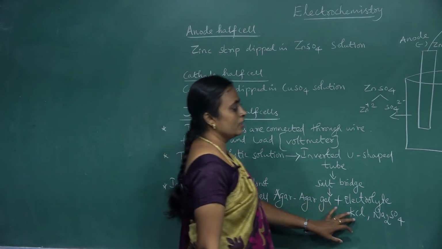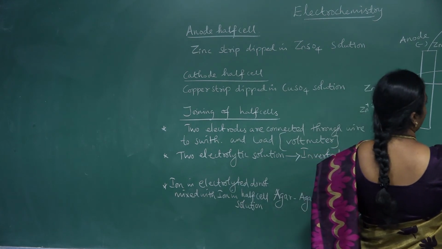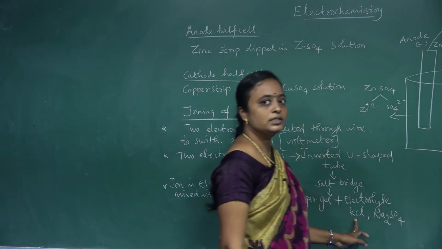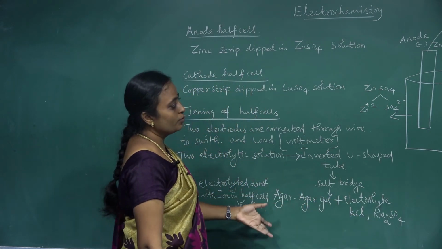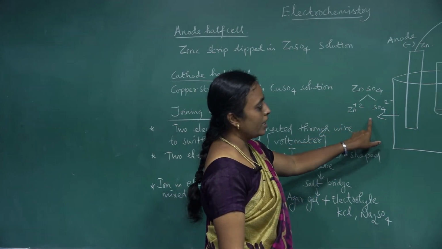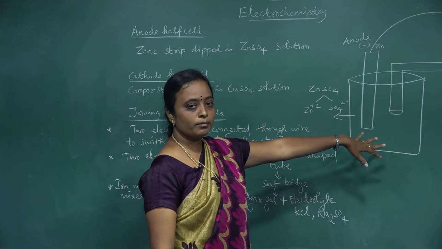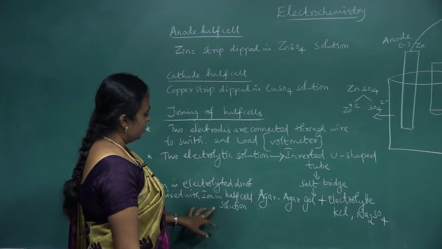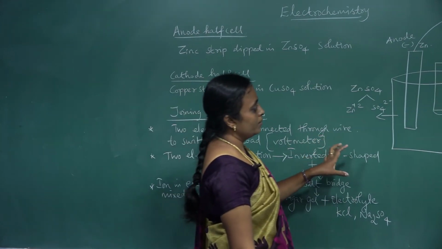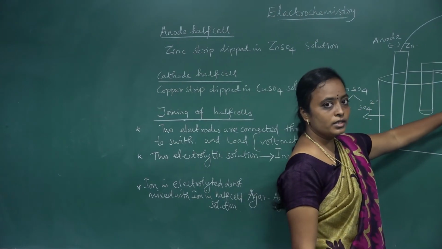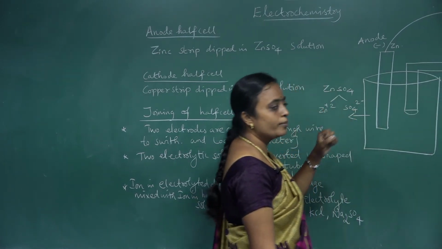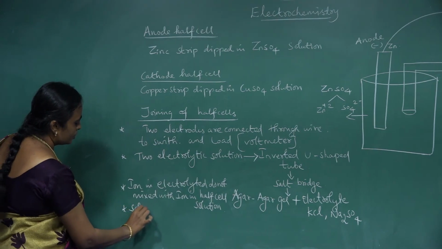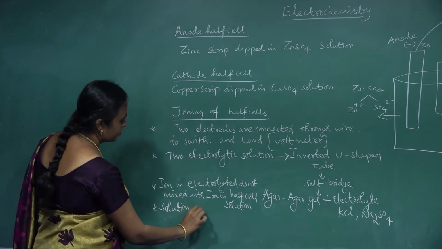Suppose I am taking KCl here, the ions of the electrolyte, K plus and Cl minus, do not mix with the ions present in the anodic compartment or the cathodic compartment, that means the electrolytic solution. In the same way, the solution, whether the agar-agar gel or the electrolyte, is not poured out from the salt bridge.